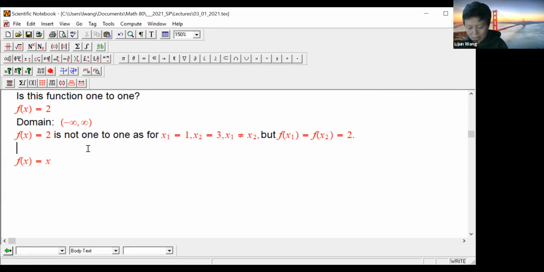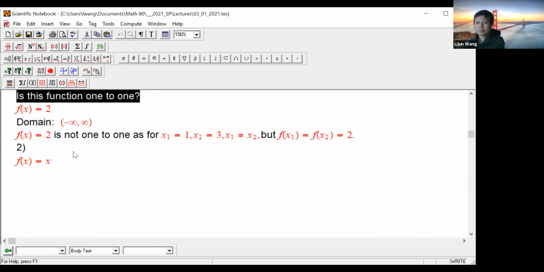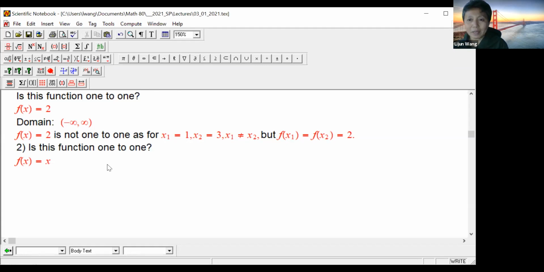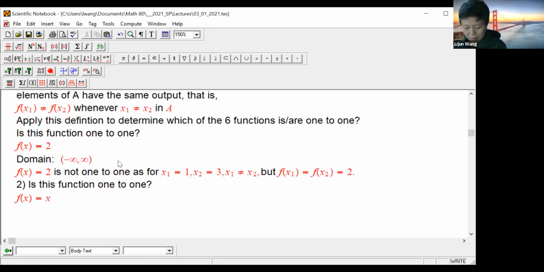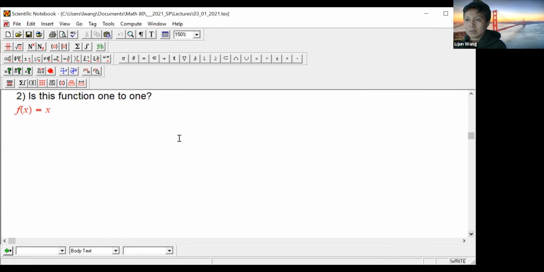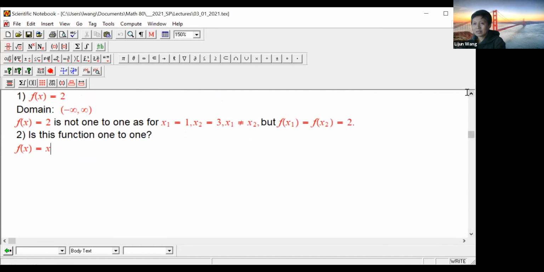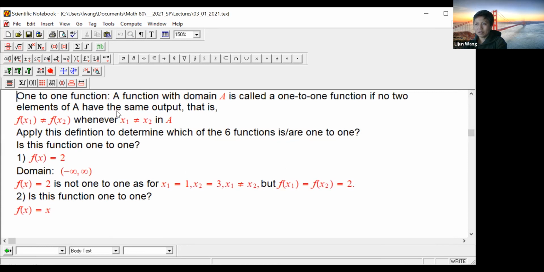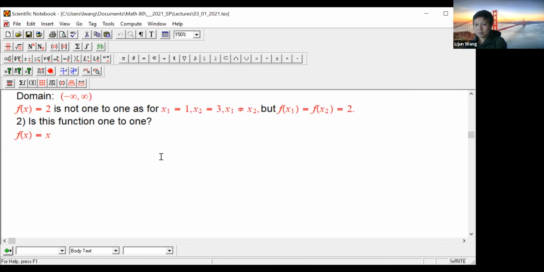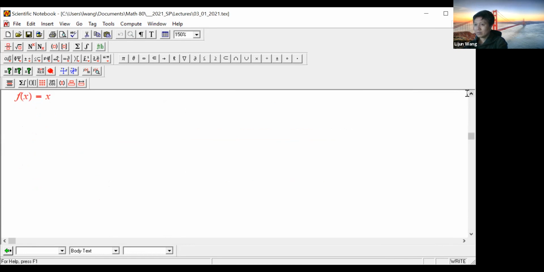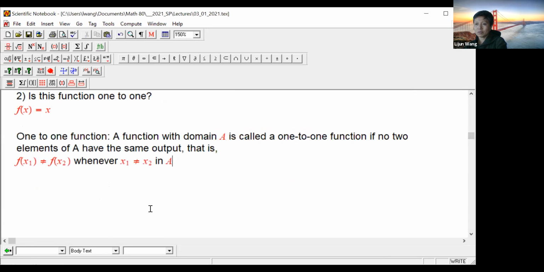f of x equals x. Is this function one-to-one? Output is always the same as input, right? Is this one-to-one? Does it agree with the definition of one-to-one function? It is a function, surely we know it's a function. Is it one-to-one? Well, the output is always the same as the input.